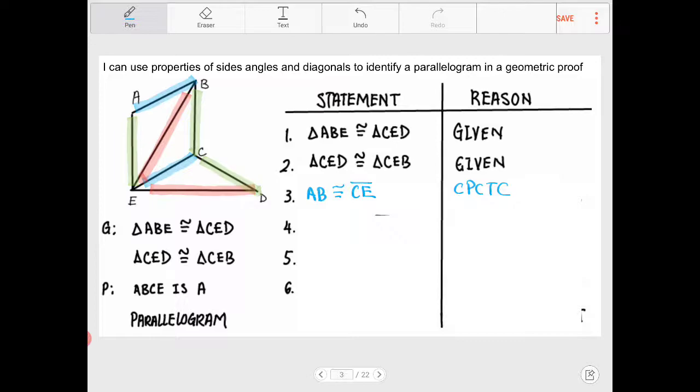I also recognize that CD is congruent to CB because of, again, CPCTC.